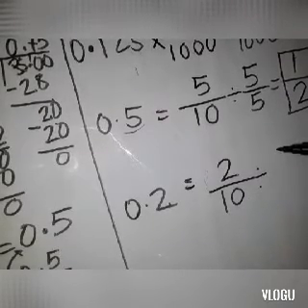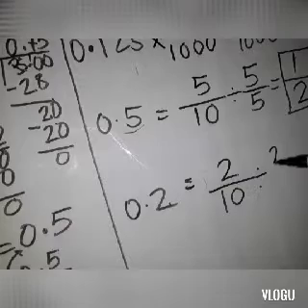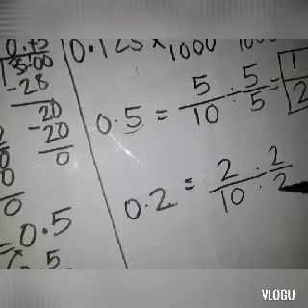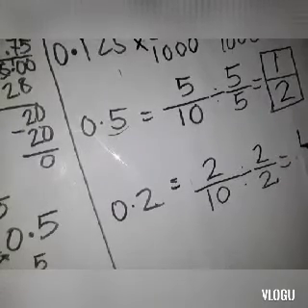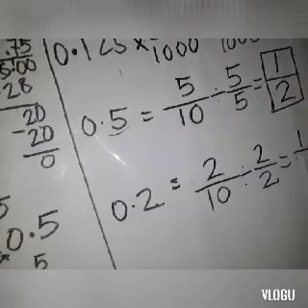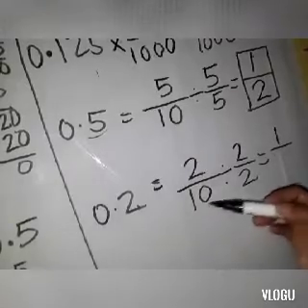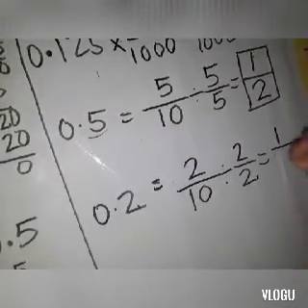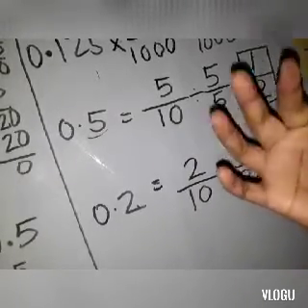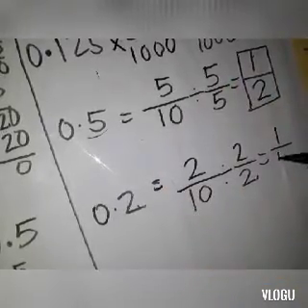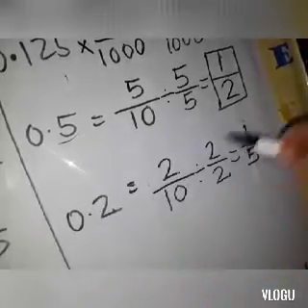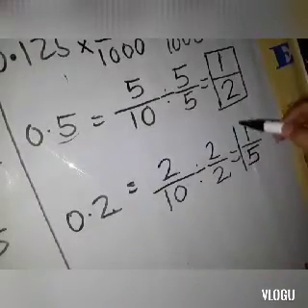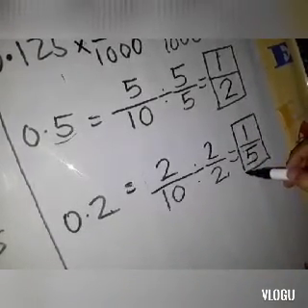So, ang kanilang GCF ay 2. Okay? So, 2 divided by 2. Again, if you divide a number by itself, the answer is always 1. 10 divided by 2 is equal to 5. So, 0.2 ang kanyang fraction ay 1/5.